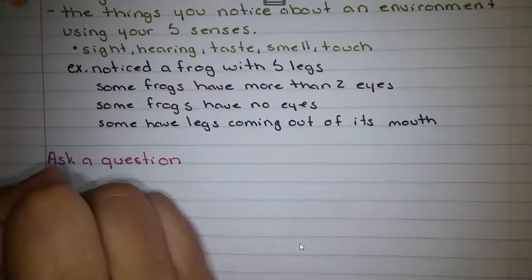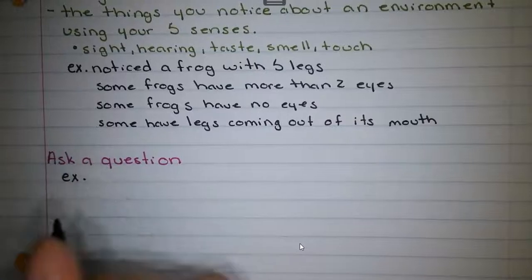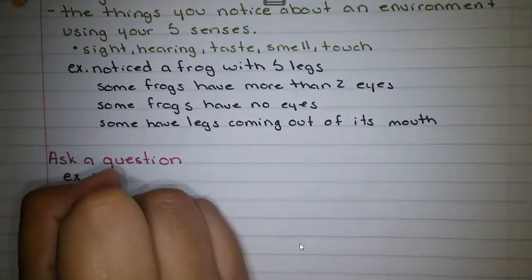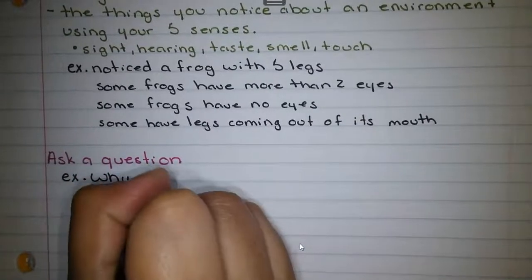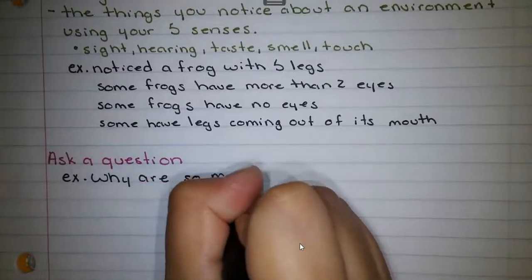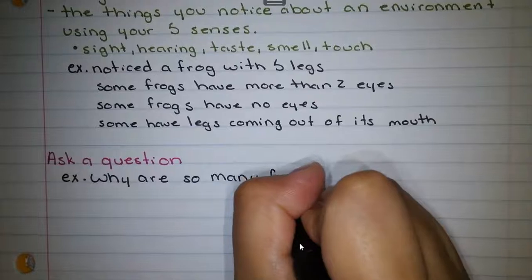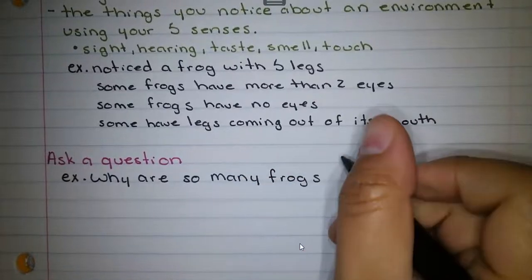Okay, so I'm just going to put example. One question might be, why are so many frogs deformed?